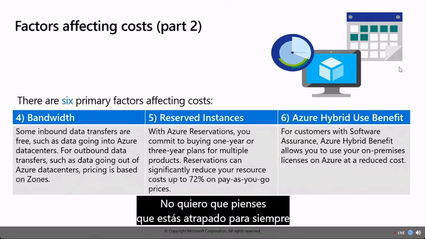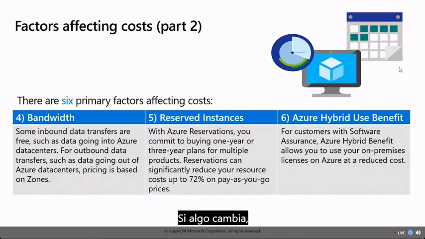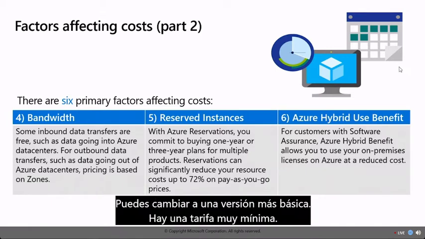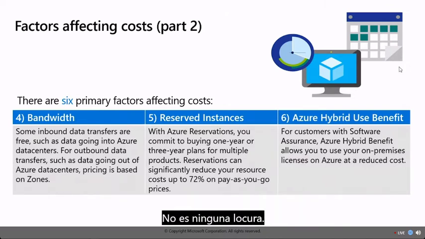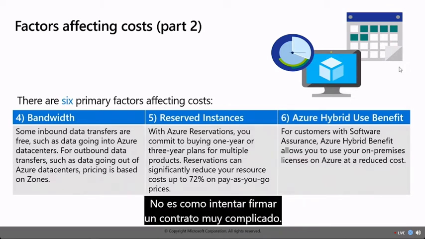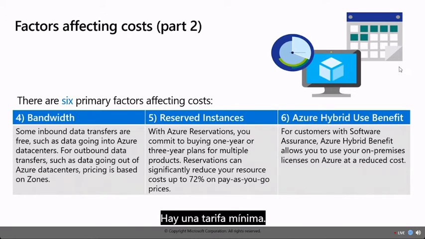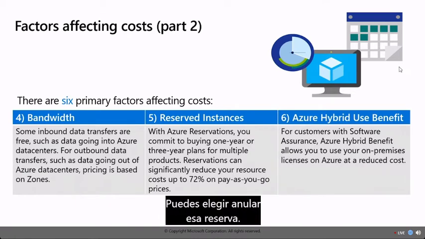And I don't want you to think that you are locked in forever with that virtual machine. Say something changes, and you ended up not needing it. You can downgrade. There is a very minimal fee. It's not anything crazy. It's not like you're trying to get out of a really hard contract. There just is a minimal fee, and you can choose to remove yourself from that reservation.